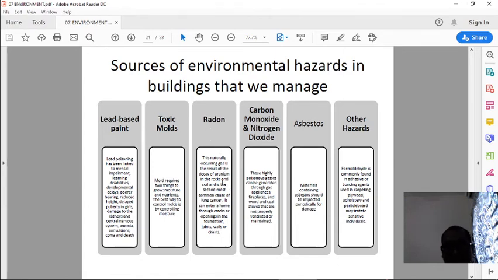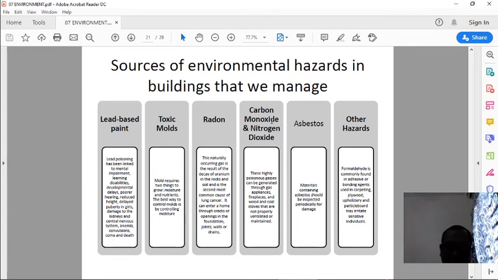It can enter if the property is not being maintained properly, whereby there are cracks or openings inside the building, and then the naturally occurring gas can seep through the building and cause sick building syndrome.